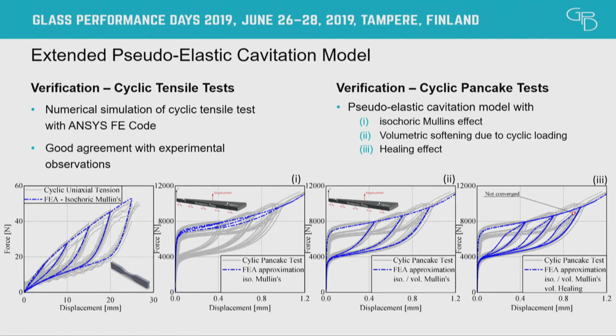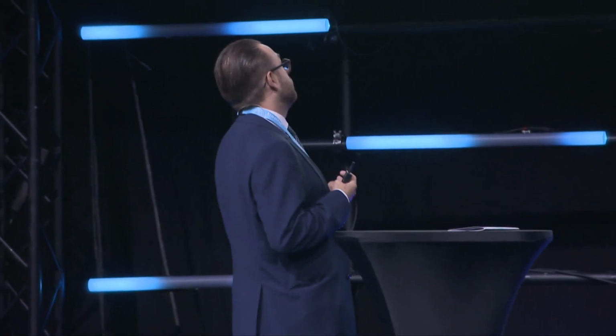However, we had some numerical issues with convergence because the material model is really complex, and the numerical solver fails there. However, we were able to show that in general the model is able to cover such effects: the softening due to cavitation, the isochoric Mullins effect, the volumetric Mullins effect, and the volumetric healing.